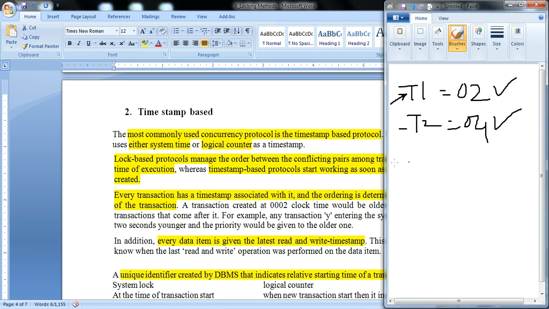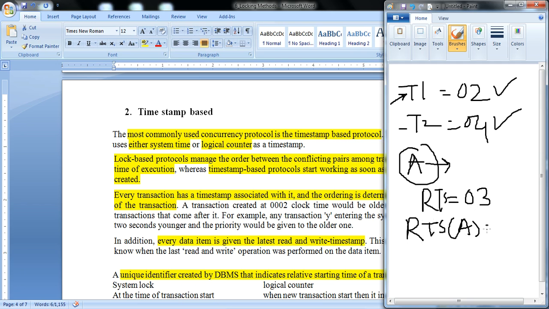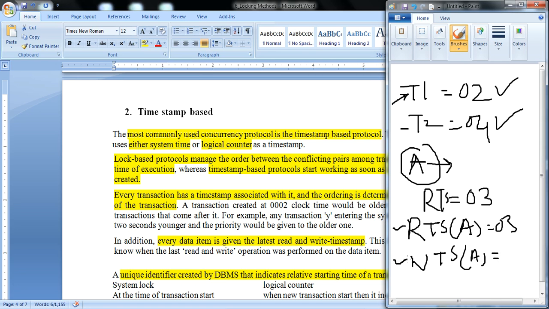One more concept: consider the data item is A. If T1 reads the A value, the data item has two timestamp values. One is the last read timestamp, the read timestamp of A. Then again there is the write timestamp of A, which is the last updated time of the A value.